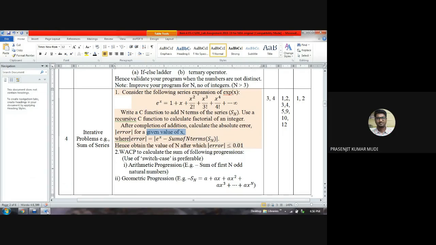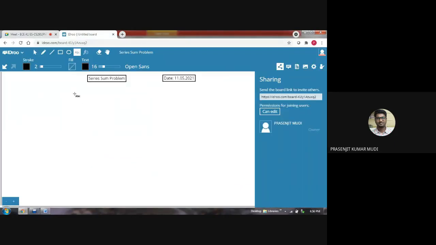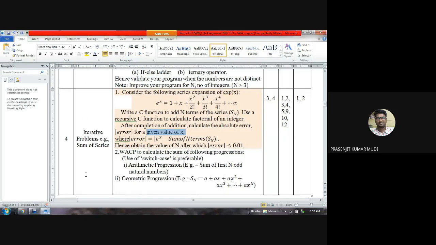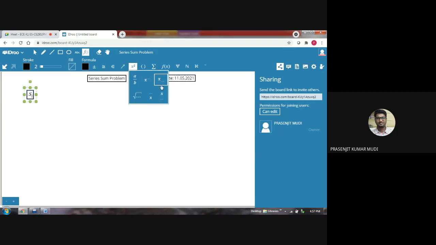Let us now focus on the logical development. So we know that the series expansion is this, e to the power x equal to this one. Now then Sn will be equal to 1.